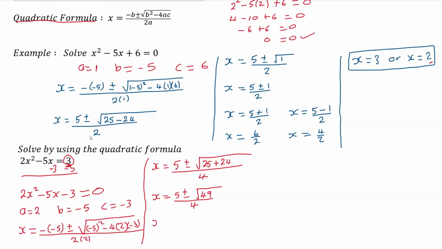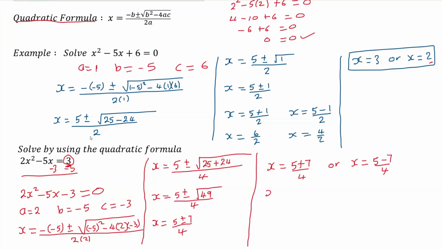So that means X is going to be 5 plus or minus 7 over 4. So we can separate again. So that means x is equal to 5 plus 7 over 4, or x is equal to 5 minus 7 over 4.